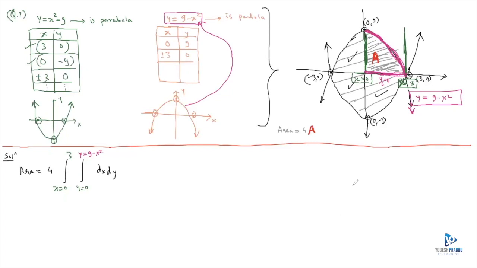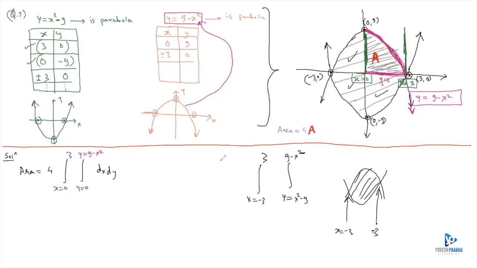Supposing I have to take the full thing and not do 4 times. Then the range of x would be from -3 to 3, and y would go from the lower parabola, x squared minus 9, to the upper parabola, 9 minus x squared.